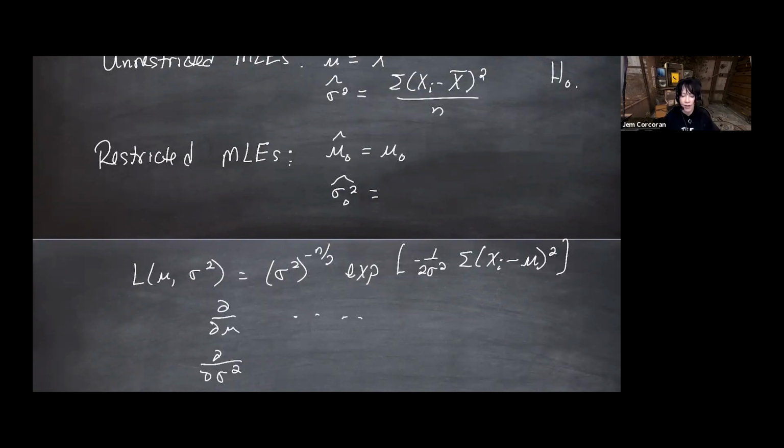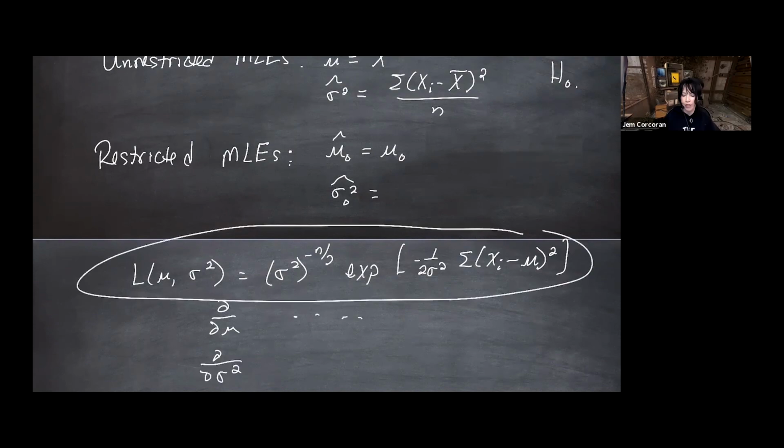If you did that here, you're just going to end up with the MLE looking the same as before, but you're not using x bar, you're actually using mu naught. So you're maximizing this with respect to sigma squared, but you're restricting mu to be mu naught. And so the restricted MLE is going to be the sum of the xi minus mu naught squared over n. That's what you get if you maximize the circled likelihood over sigma squared, but you have mu pinned down to be mu naught.